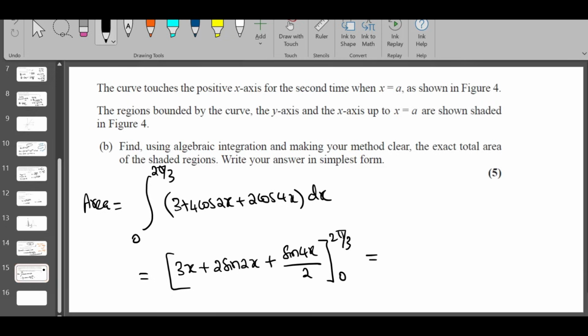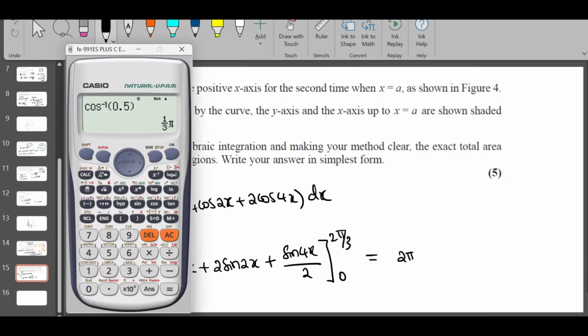First, I'm going to sub in the upper limit now. When I sub in the upper limit, 3 times this, 3 will be cancelled, you will get 2 pi. And then sin 2x. 2x is 4 pi over 3.